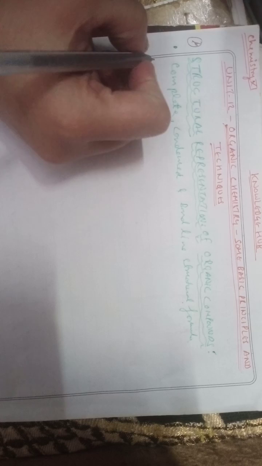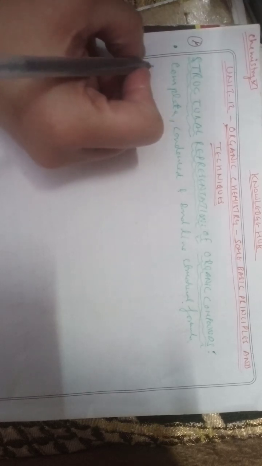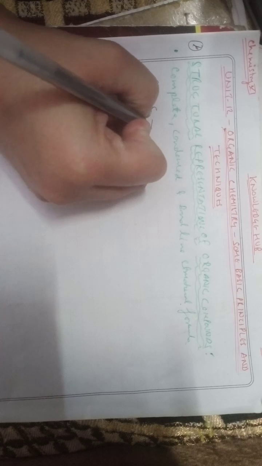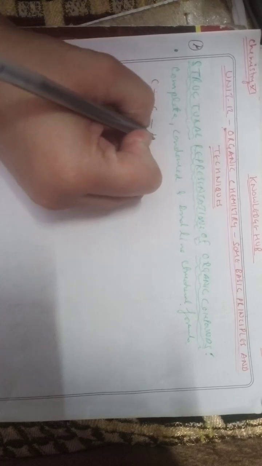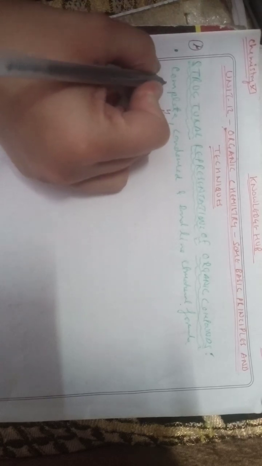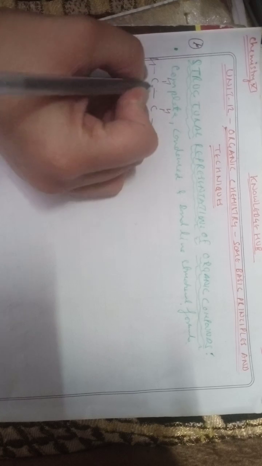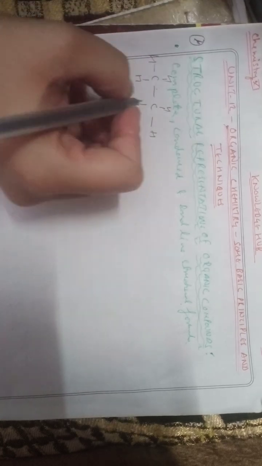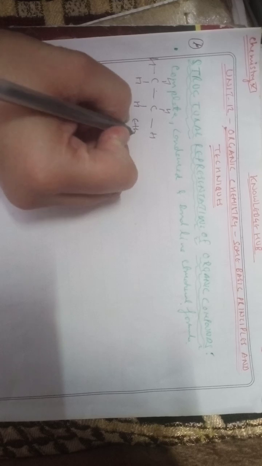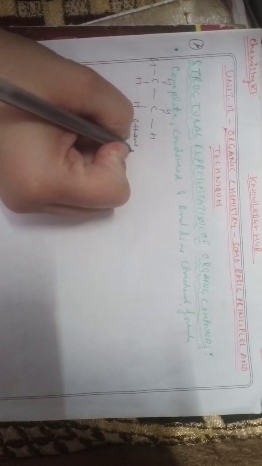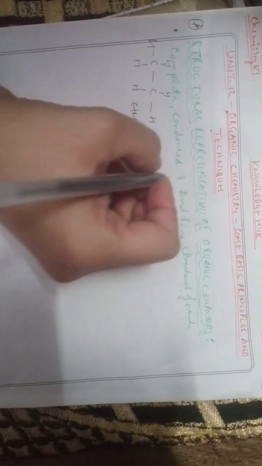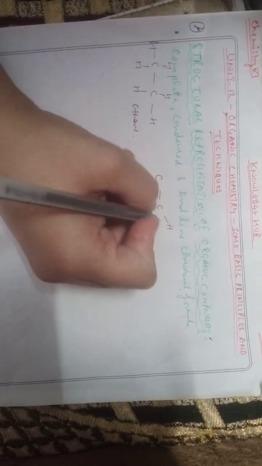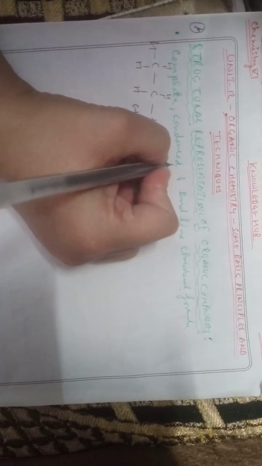First we go for the first one, that is your ethane, where we have 2 carbon atoms here and then we have 6 hydrogen atoms. So this is your ethane. Here there is a single bond, and now another one is your carbon double bond with carbon, and then we have your hydrogen.